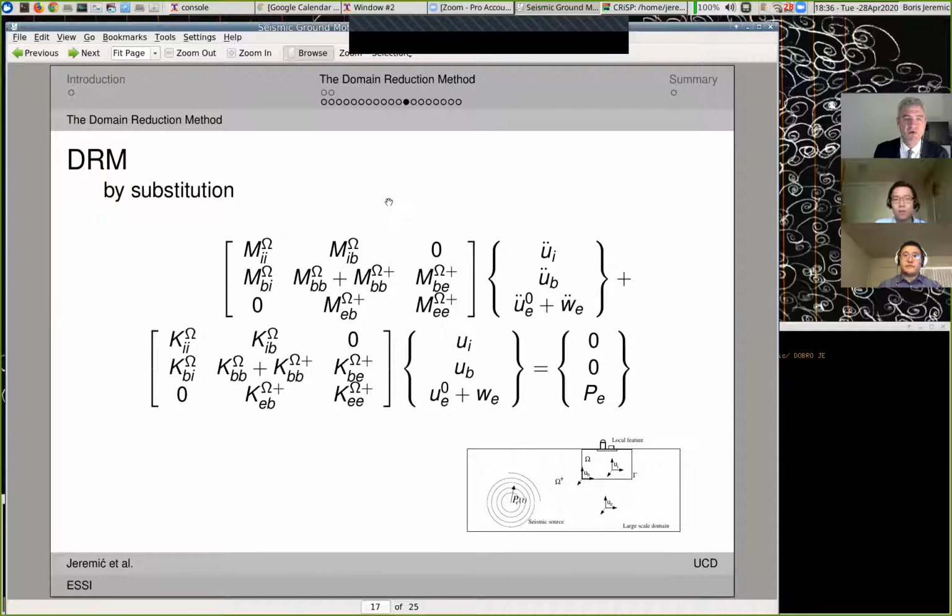Okay, so what we do, we go to the original system of equations, and we just replace that last variable that was UE, the external accelerations and displacements, with this new one, which is going to be free field plus additional wave field because of the presence of the local feature. Good. And here we still just have the PE and everything else.